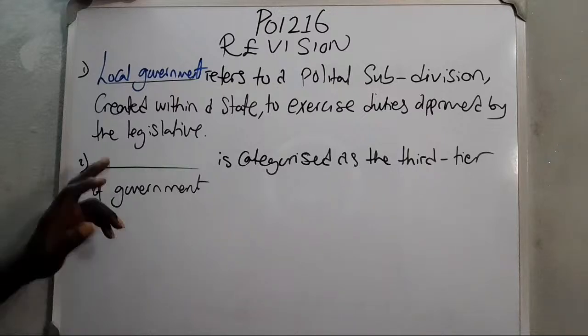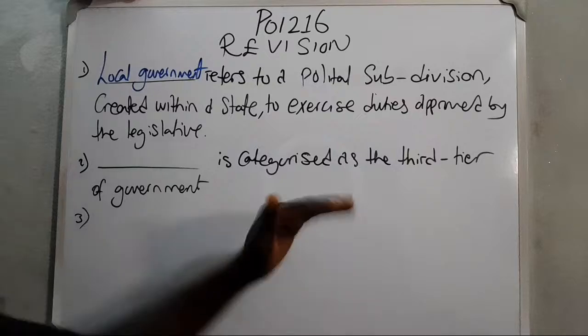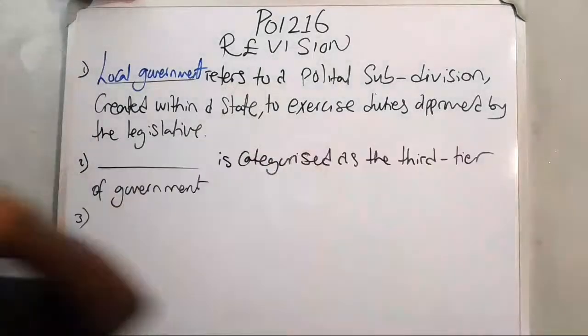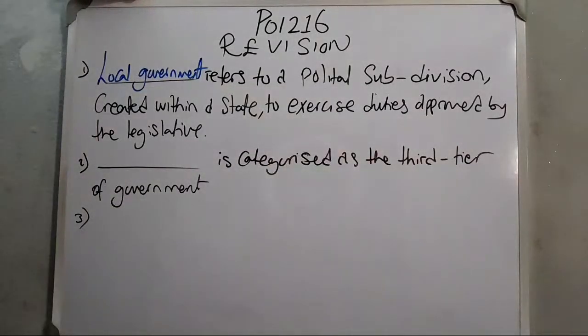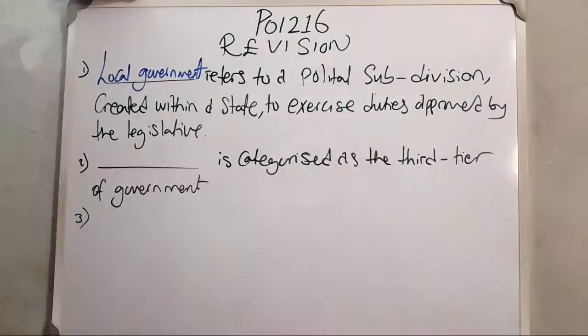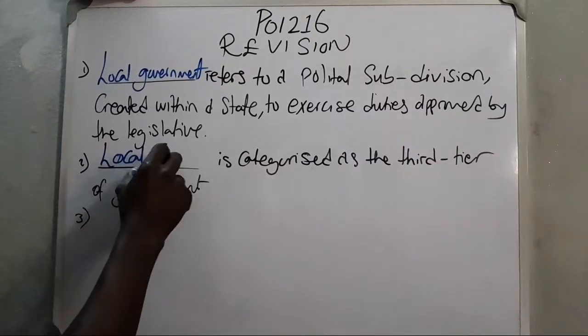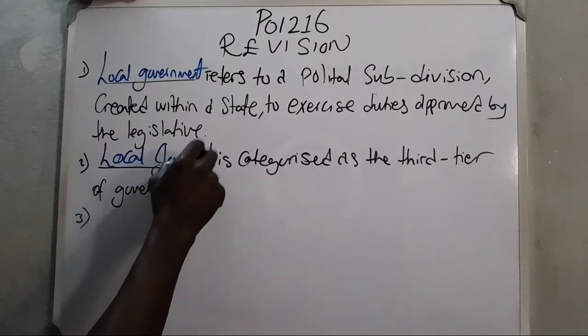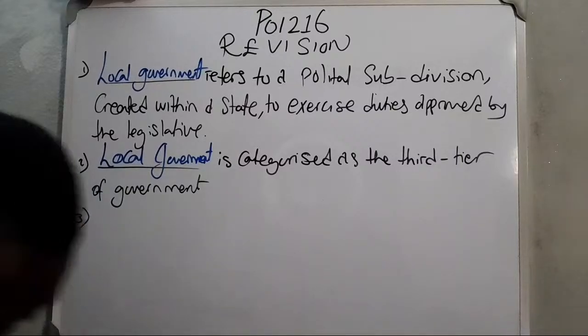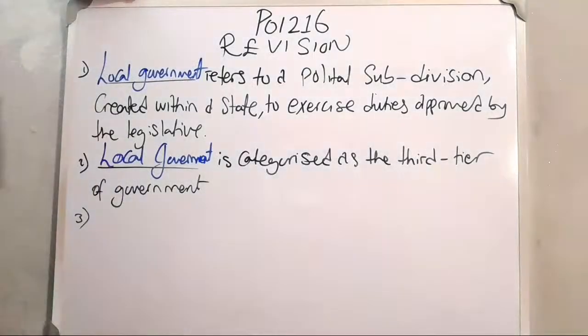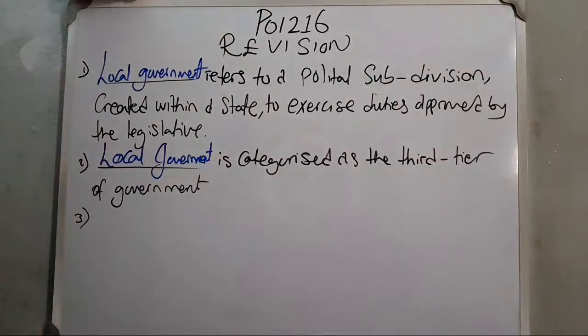So we have dash is categorized as the third tier of government. Yes, wonderful. Local government. Local government is categorized as the third tier. Now let's continue.